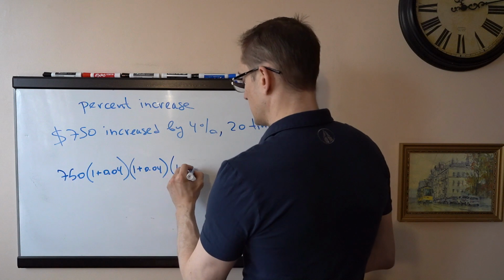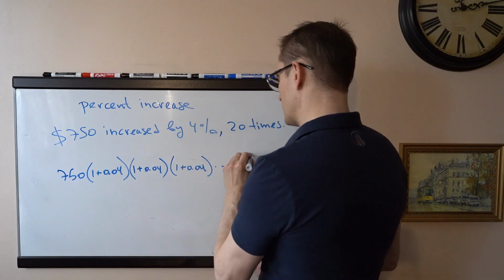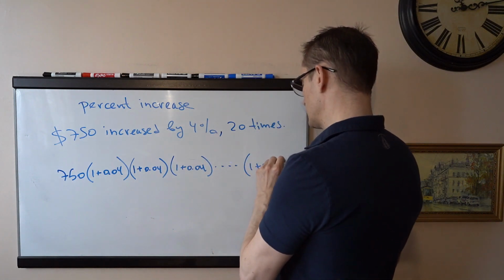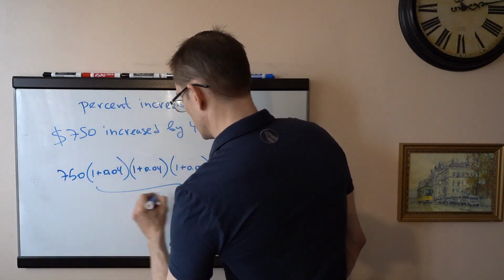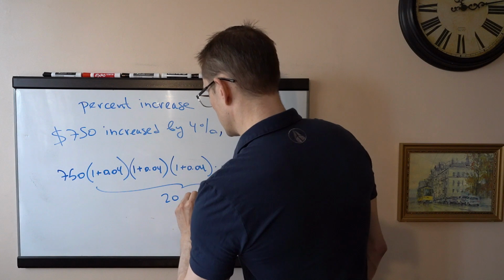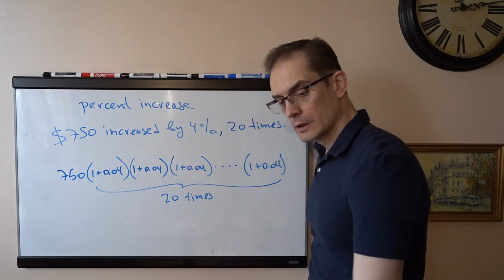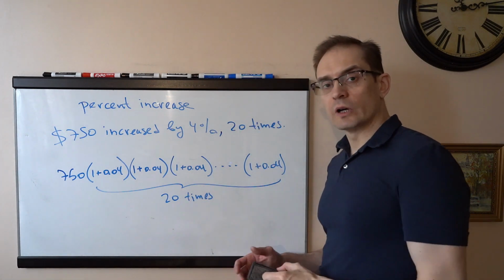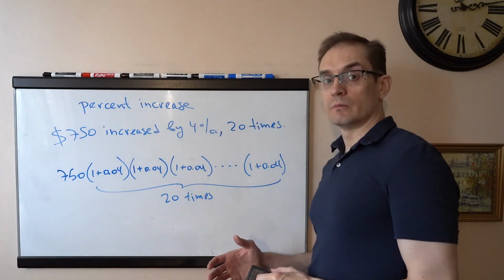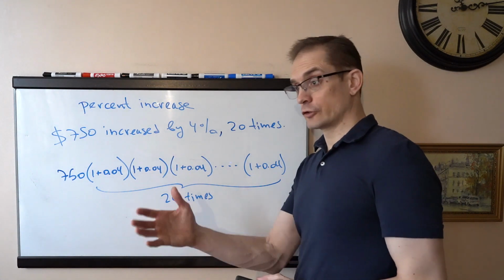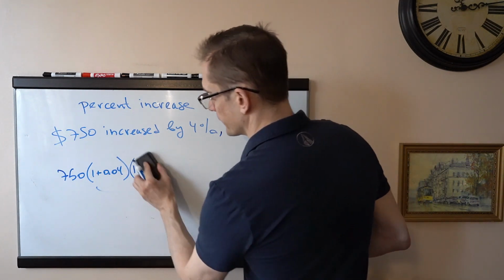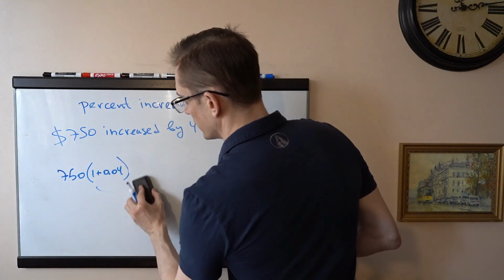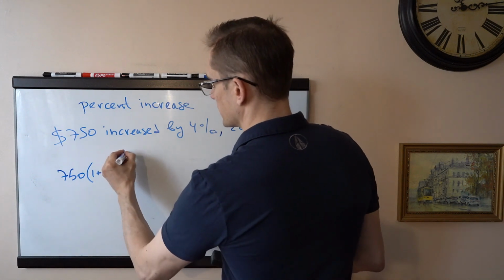And then again, and then again, right? So that will happen for 20 times. In mathematics, when I multiply the same number by itself certain number of times, I get an exponent. So what I just have written here can be written as an exponent.